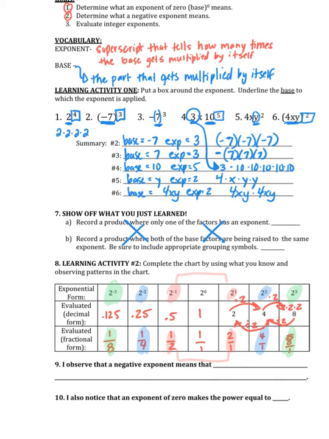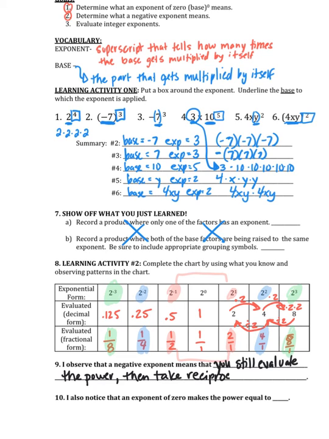So that has to mean that a negative exponent means that whatever we started with, we're just going to evaluate the exponent and then take the reciprocal. It's literally, that's all a negative exponent does. So a negative exponent means that you still evaluate the power, then you take the reciprocal.